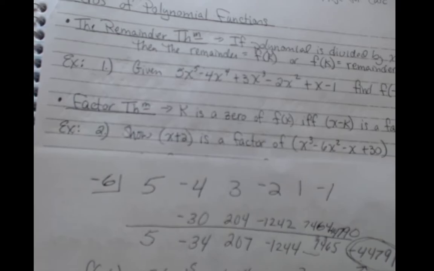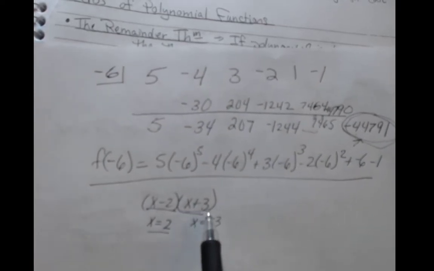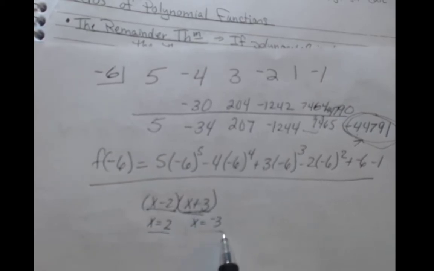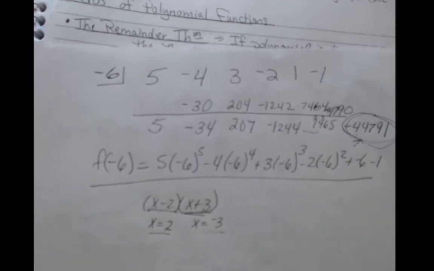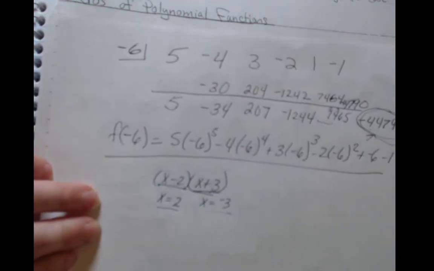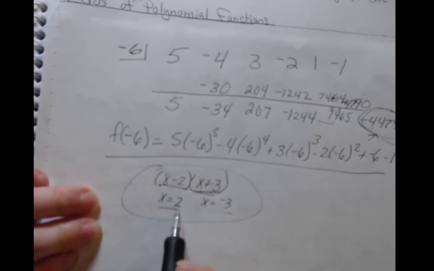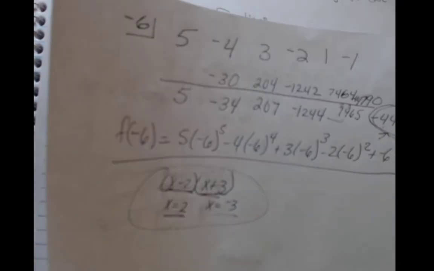Or if x plus 3 is a factor, then x equals negative 3 is a 0. So this is maybe a little bit of review, but it just puts it down as an official rule. So the factor theorem says if it's a factor, then that's a 0. Or if this is a 0, then this is a factor. We kind of use this. Have you been using this already?